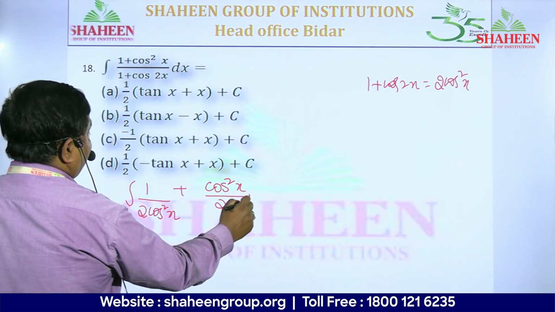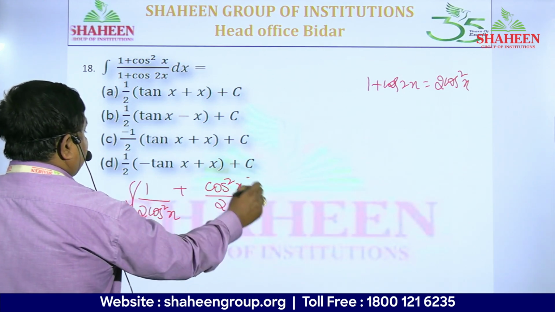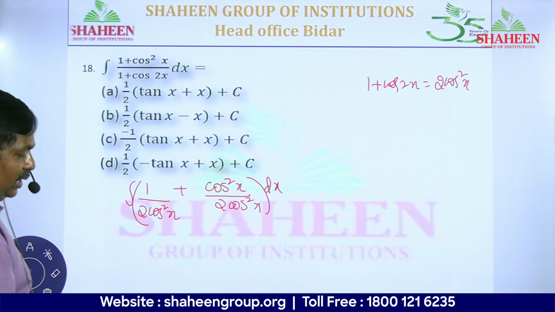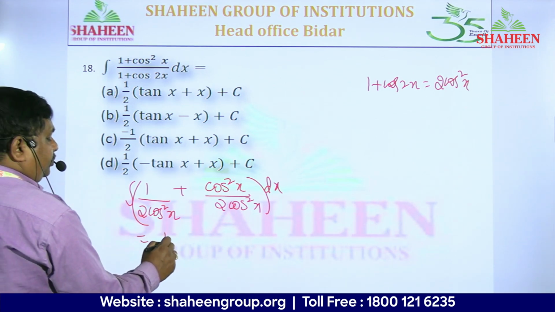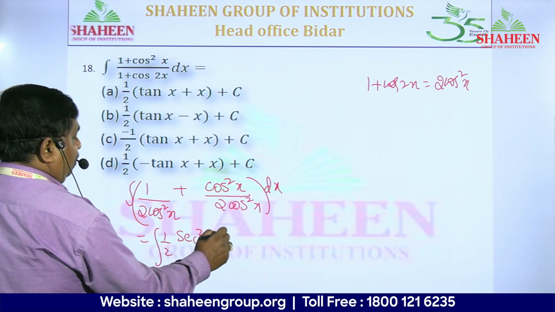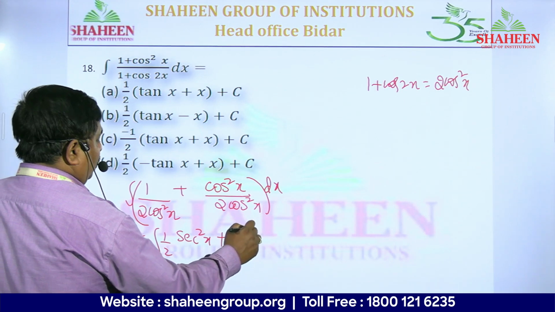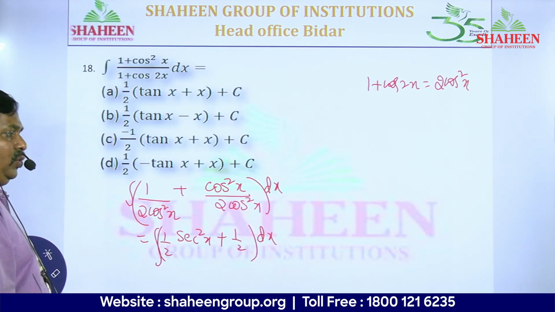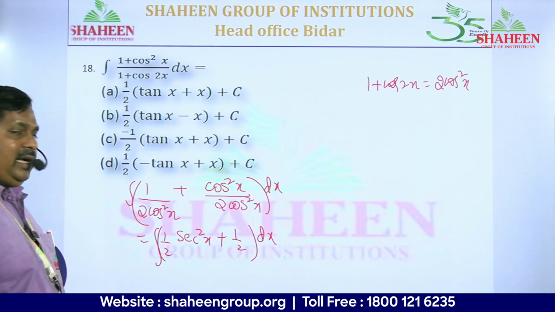There are two terms in the numerator. I have separated them and divided each by 2 cos square x. So this becomes 1 by 2 sec square x plus 1 by 2, into dx. Why 1 by 2?